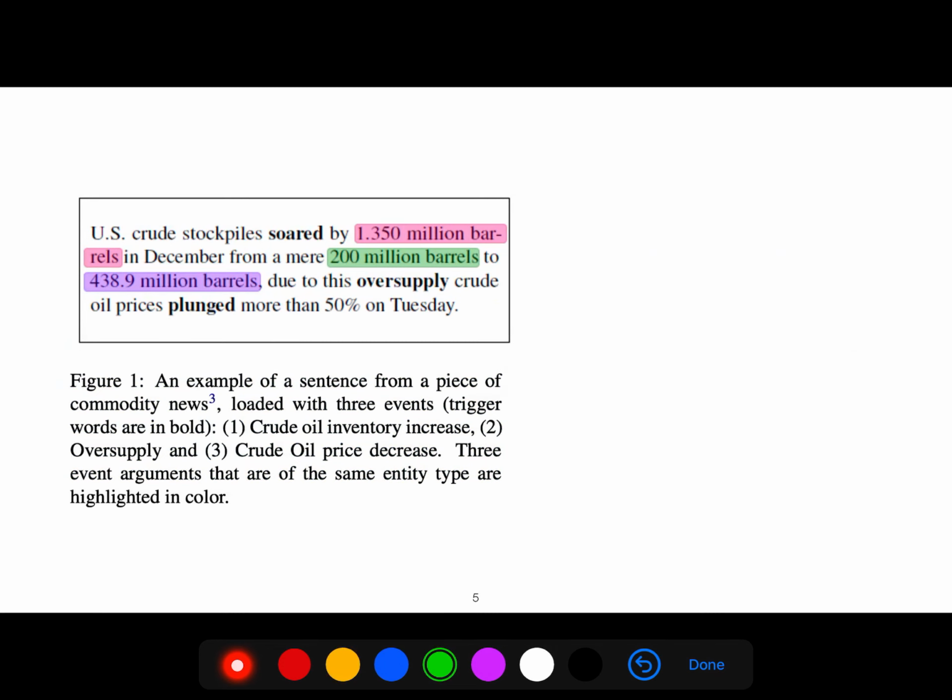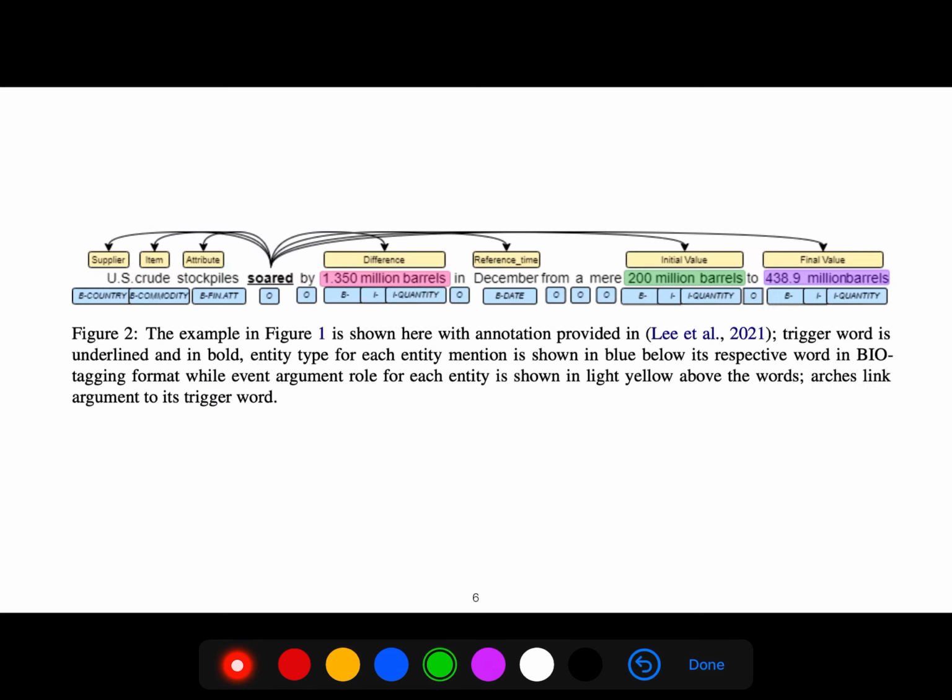Here is an example of a sentence from a piece of commodity news. So you see that crude oil inventory increase or oversupply. So these are the events. And you see that the trigger word is in bold. And we have an entity type for each entity mention, which is in blue.